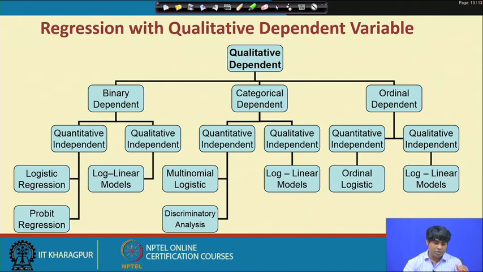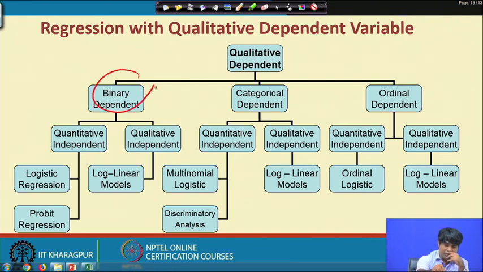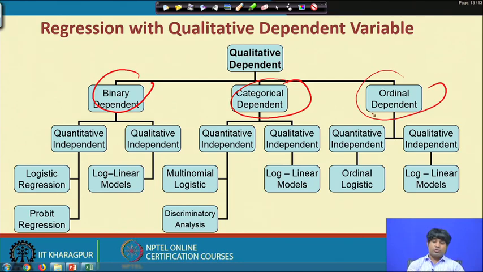In fact, the structure which we discussed earlier: in the first hand, there are three classifications. Binary dependent, which is what we are discussing right now, then categorically dependent, and then ordinally dependent. That is the level of grading.